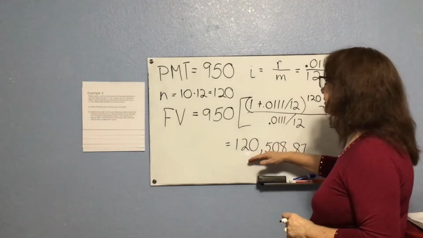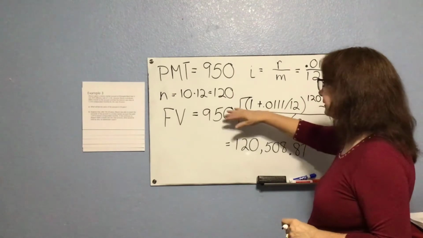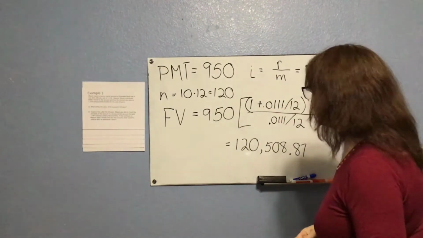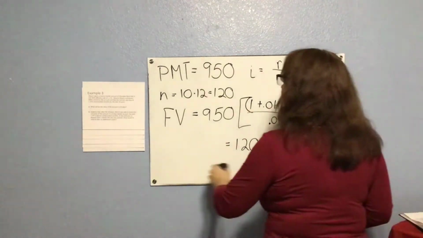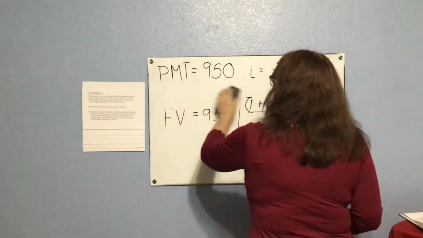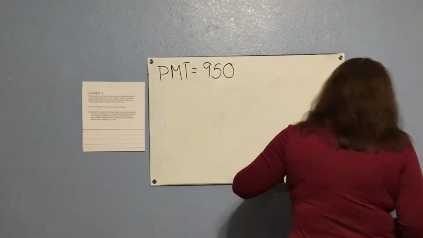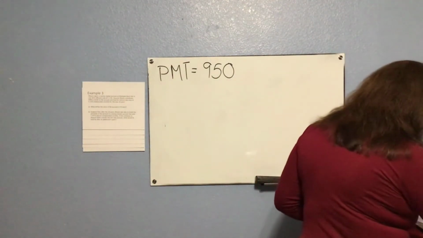So after 10 years, she found an account that pays a little better than the 1.11%. So she's going to move her money over and continue to pay. Okay, so the payment continues at $950.